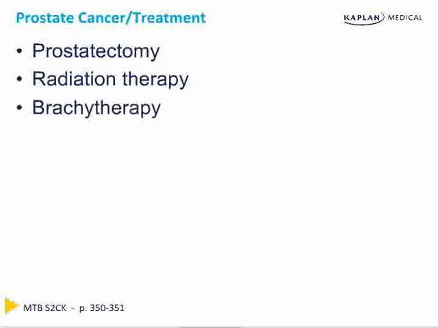Brachytherapy is another flavor of radiation where radioactive implants or seeds are actually placed within the prostate to treat it from the inside out. Hormonal therapy is geared towards blocking the effects of testosterone on the prostate cancer. It doesn't cure prostate cancer by itself, but it can add benefit to either surgery or radiation in certain circumstances, and we'll talk more about that a little bit later.